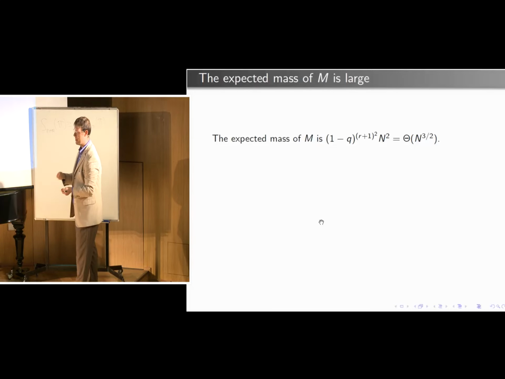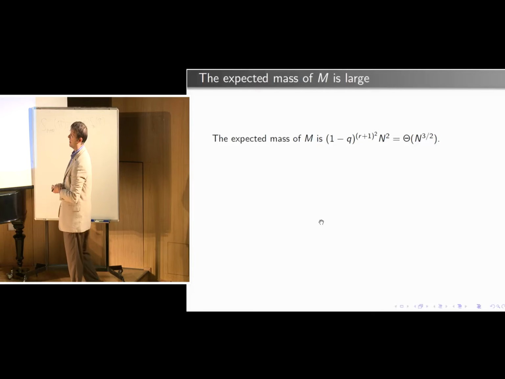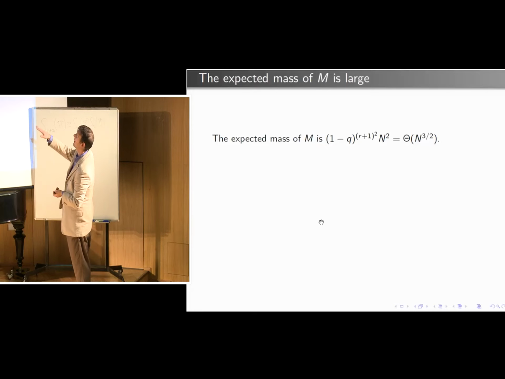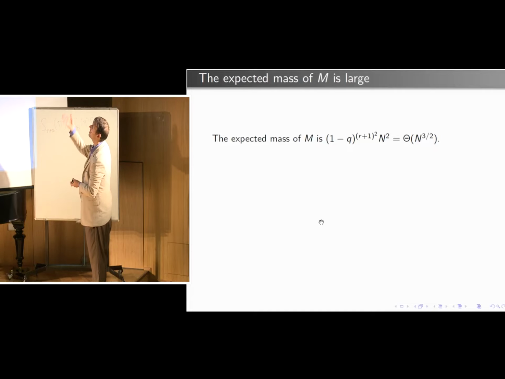And so the probability that each of these rectangles is missing is (1 minus q) to the (r plus 1) squared. So by linearity of expectation, the expected mass of M is (1 minus q) to the (r plus 1) squared times the number of entries, which is n squared. And when you put those values in, you get n to the 3/2. So that's the expected mass.